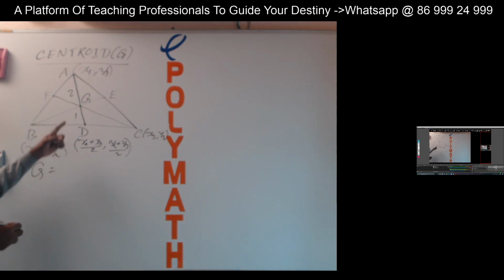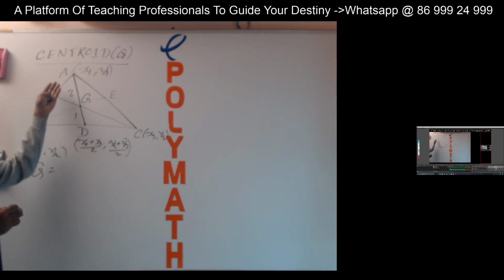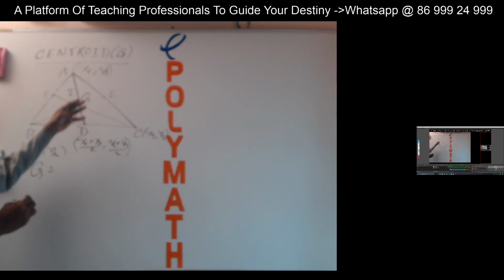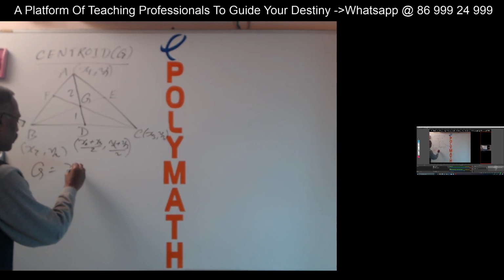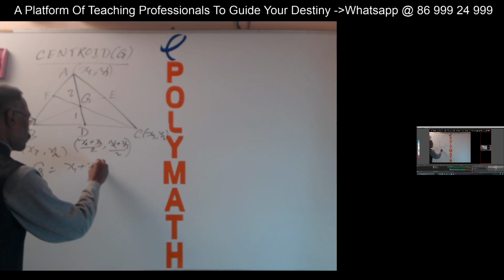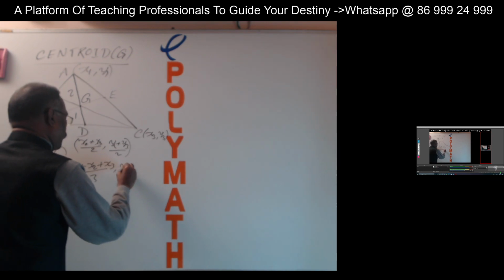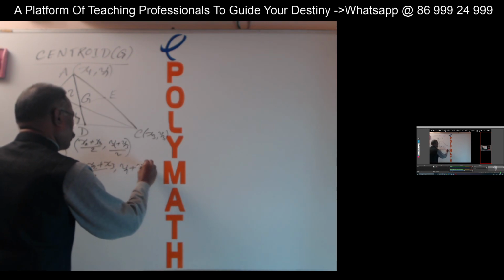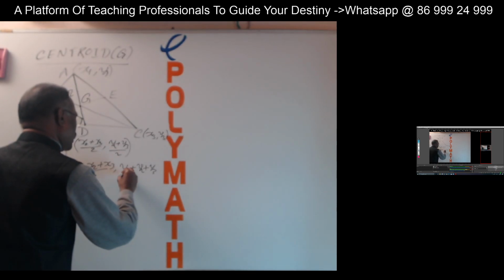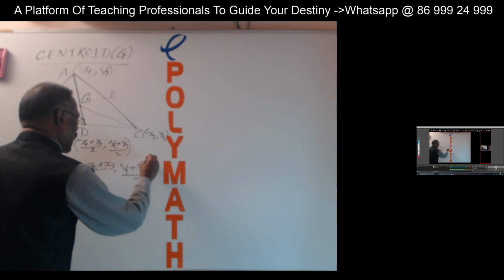Okay, now how to get G here? Apply the section formula, 2 into this plus 1 into that, and thereby you will get x1 plus x2 plus x3 by 3, y1 plus y2 plus y3 by 3. Don't forget, centroid is always the average.